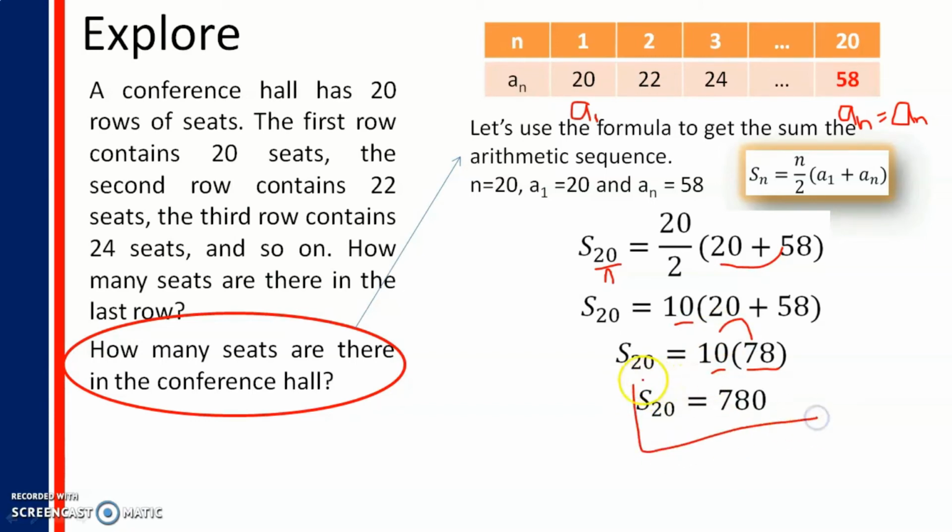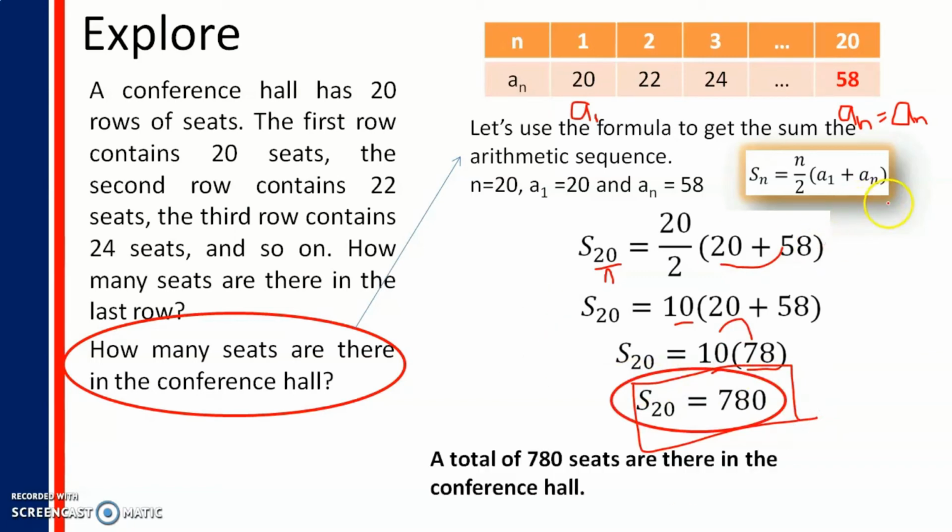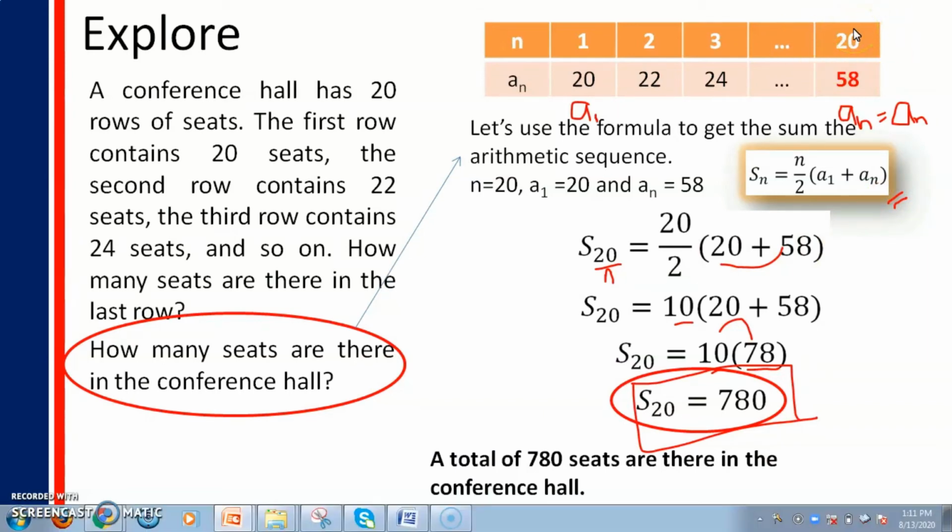Imagine the work we saved by using our formula compared to generating all the terms up to 20 and then adding them all. Again, the formula for getting the sum of an arithmetic sequence is S sub n equals n over 2 times the quantity a sub 1 plus a sub n, wherein a sub n is our last term and S sub n is the sum of all the terms inside the arithmetic sequence.